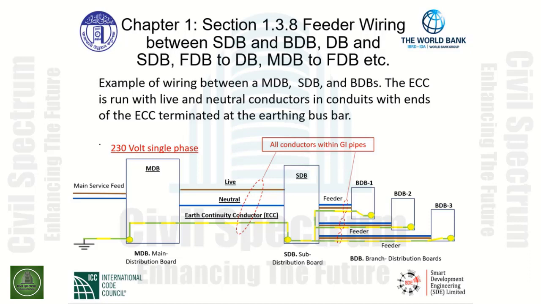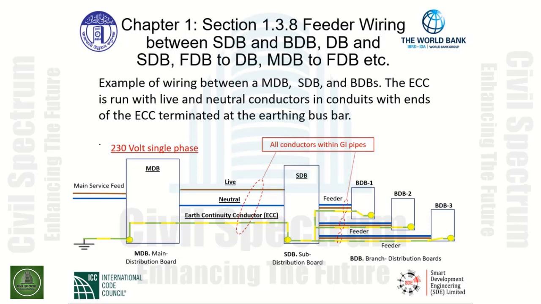From the sub-distribution board, we have 3 feeder circuits, 2 branch distribution boards. The first feeder feeds branch distribution board number 1, and noting by inspection, the earth continuity conductor, ECC, is also bonded to the inside of the branch distribution board. We have a feeder from sub-distribution board that feeds branch distribution board number 2.